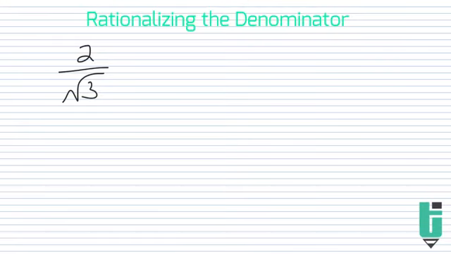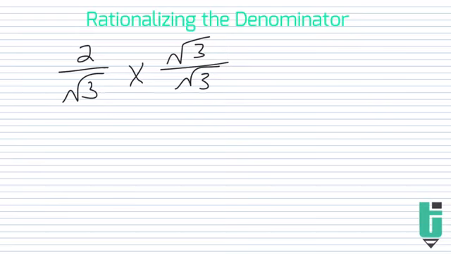Well, the technique that we'll use is simply to multiply this fraction by square root 3 over square root 3. So let's see how this works. Technically, I'm not really changing anything, because square root 3 over square root 3 is just equal to 1, and 2 over square root 3 times 1 is just 2 over square root 3.